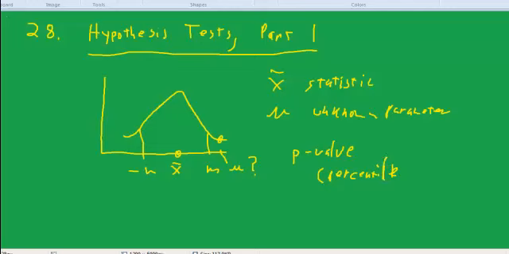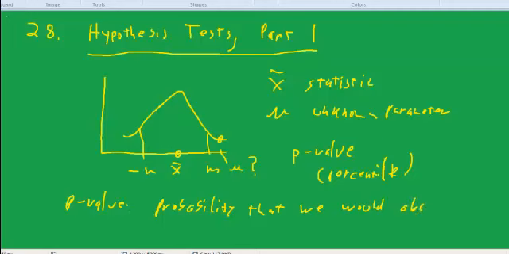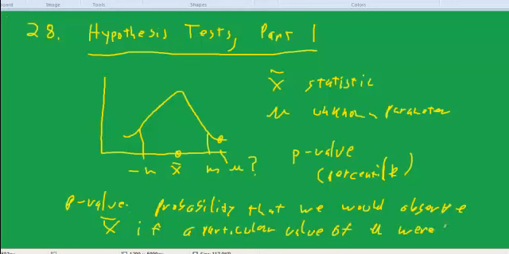A p-value is the probability that we would have observed our x bar, our sample statistic, if a particular value of mu were true.